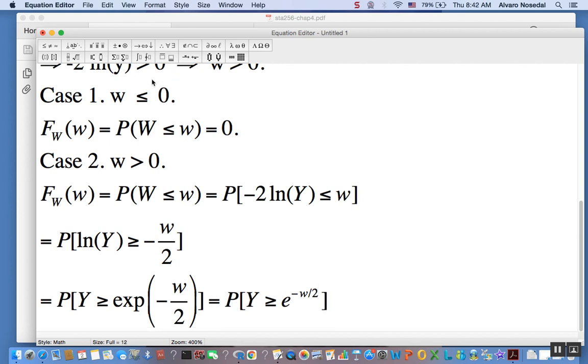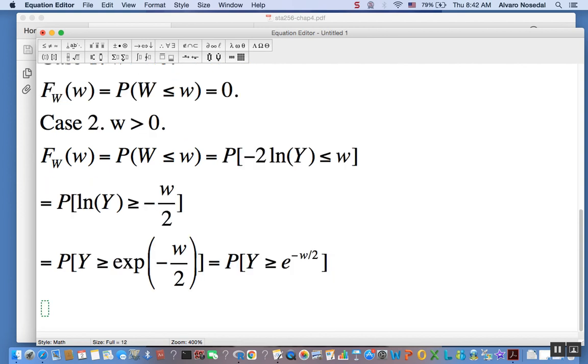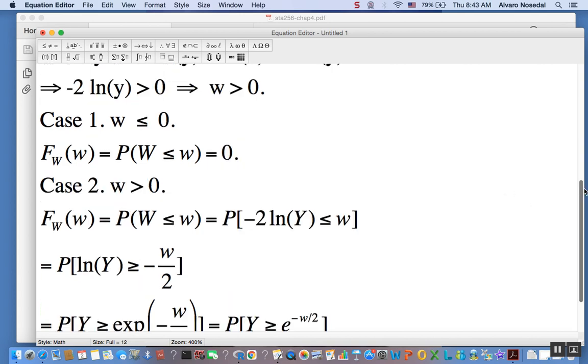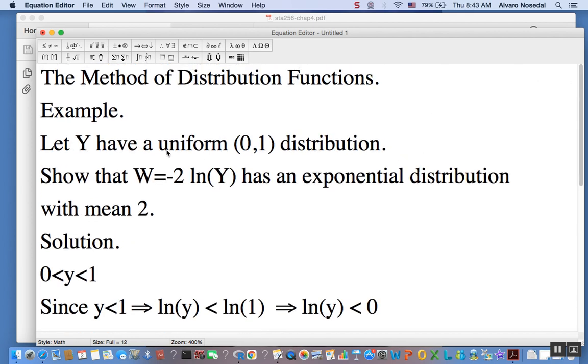It's just notation. Now we're making progress, real progress, because we know a lot about Y. We know that Y has a uniform distribution.